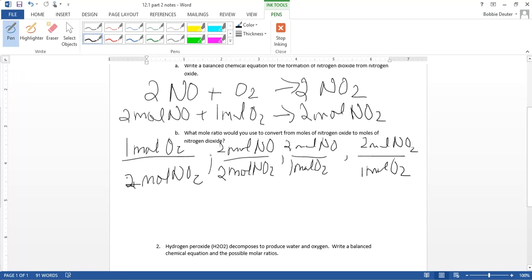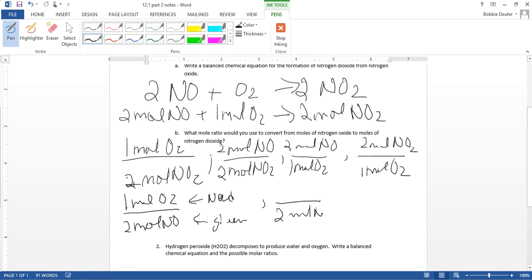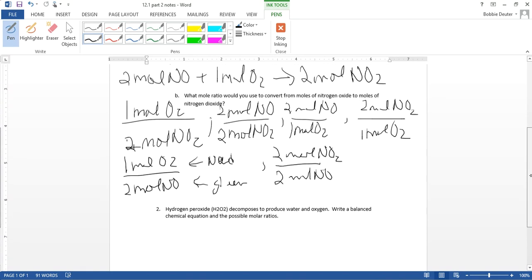So always on the bottom, you want to put what you are given, and on top, you're going to put what you need to find. They're all possible ratios. So overall, when you have a balanced chemical equation like this, you should have 6 molar ratios. This isn't really that hard. It's fairly easy. Some of your problems are only going to ask you to put like 2 or 3.